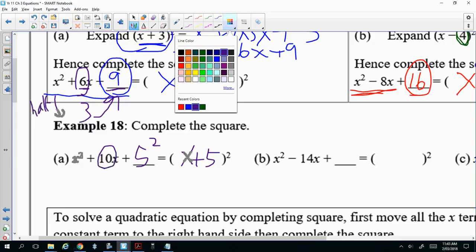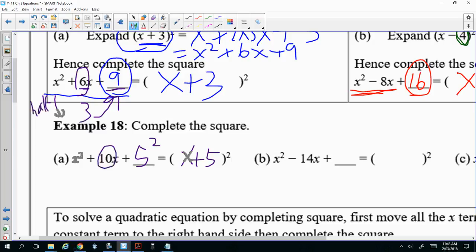What do we half first? The 14, right? Half of 14 is 7, but you don't write minus 7, you just write 7. The minus is not used. So you write 7 squared, and then you write (x - 7) all squared.